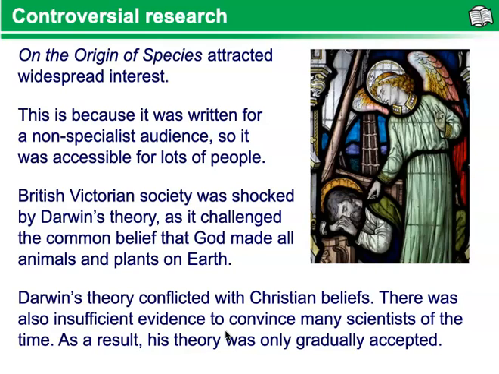And the British Victorian Society was shocked by Darwin's theory, as it challenged the common belief that God made all animals and plants on Earth in a fashion that did not allow for them to change over time. Darwin's theory conflicted with Christian beliefs. There was also insufficient evidence to convince many scientists of the time. As a result, his theory was only gradually accepted.